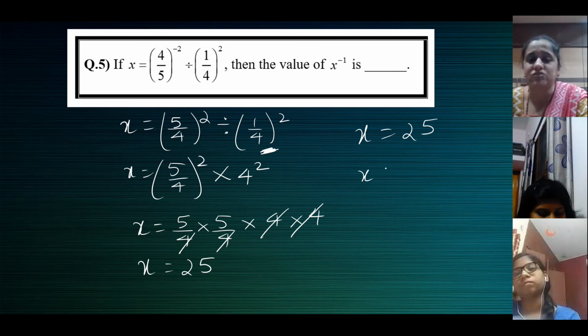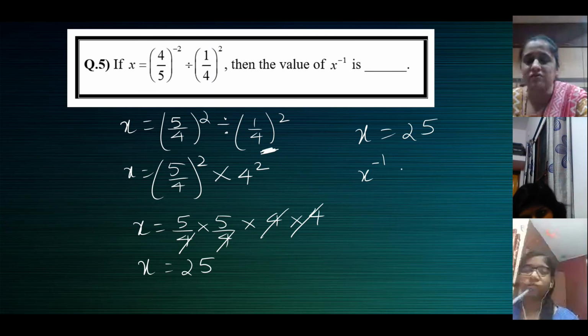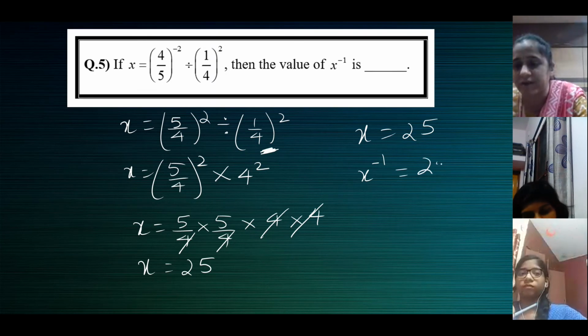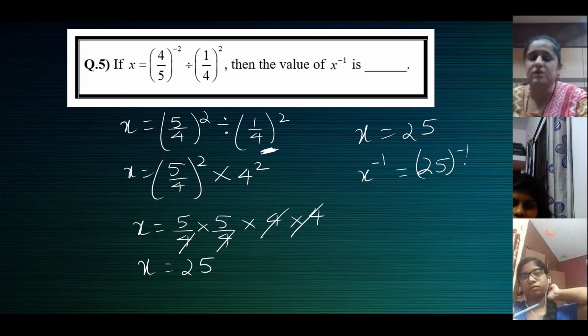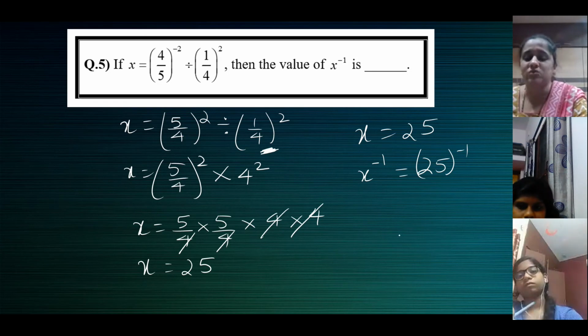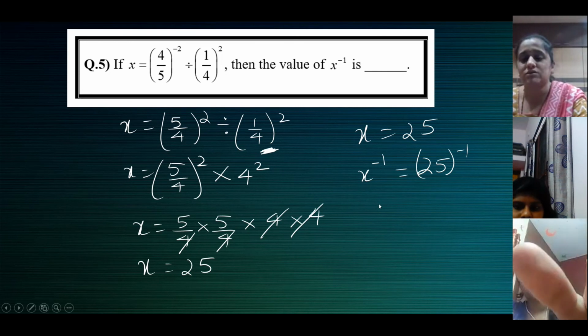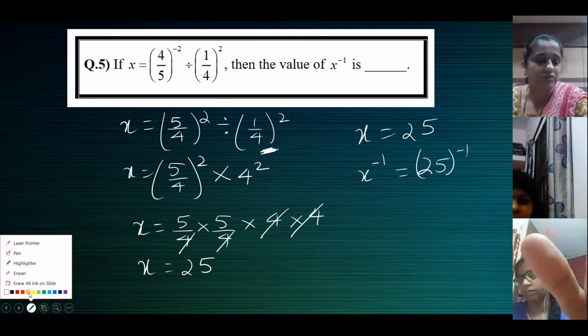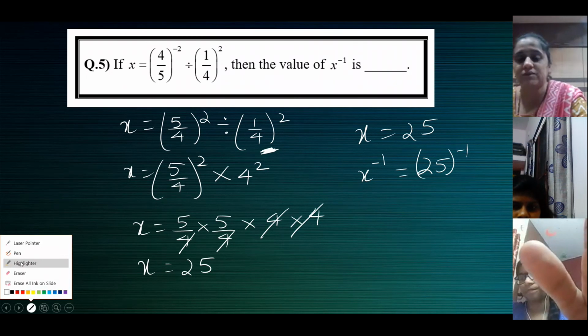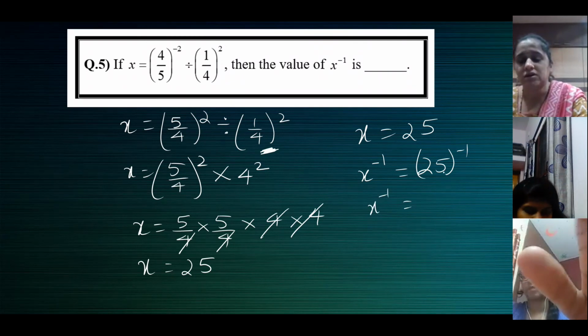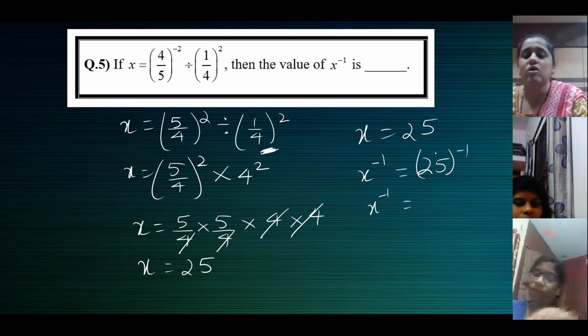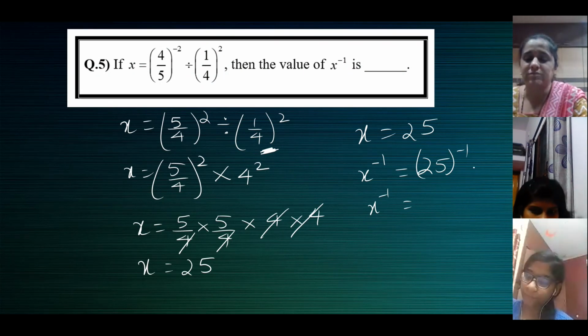What is x to the power minus 1? You're raising both the sides to the power minus 1. x is equal to 25, so x to the power minus 1 is equal to 25 to the power minus 1, or write it with a positive exponent.